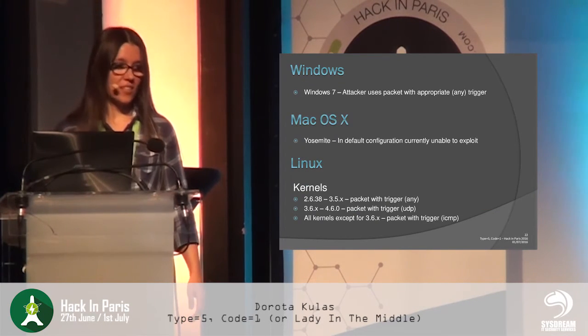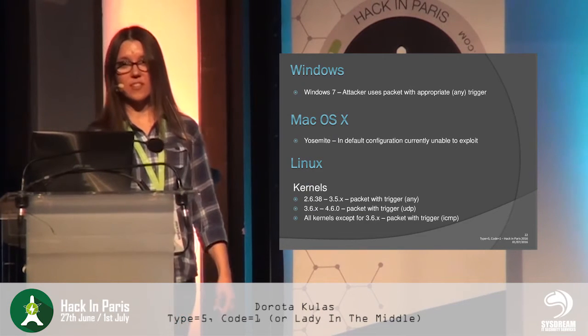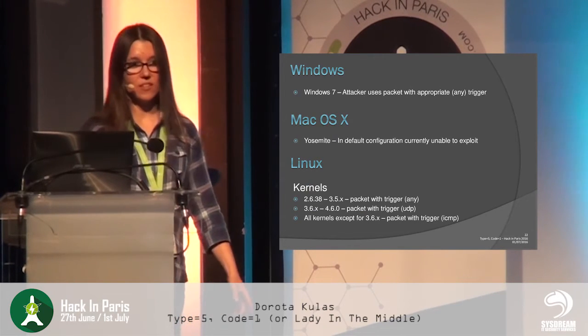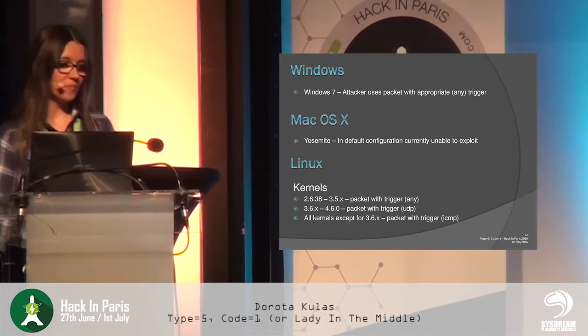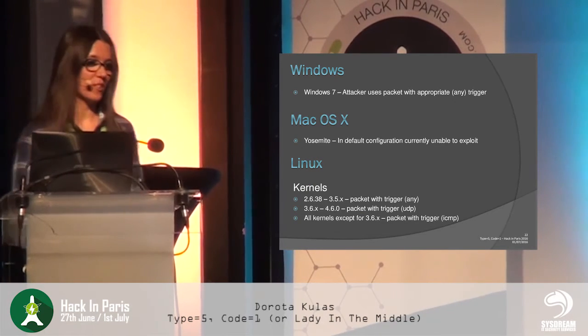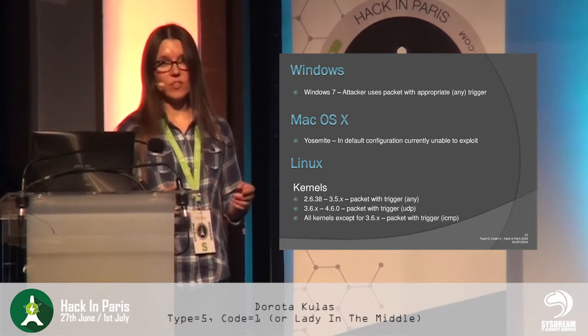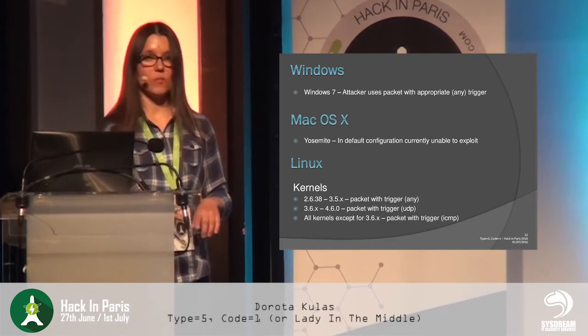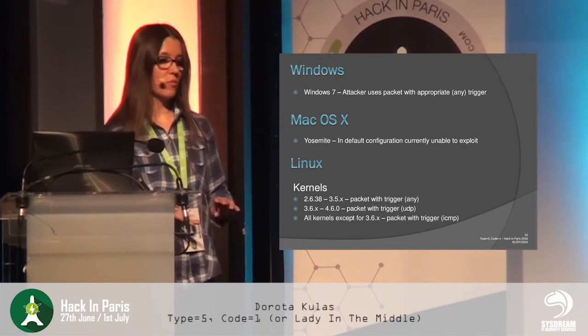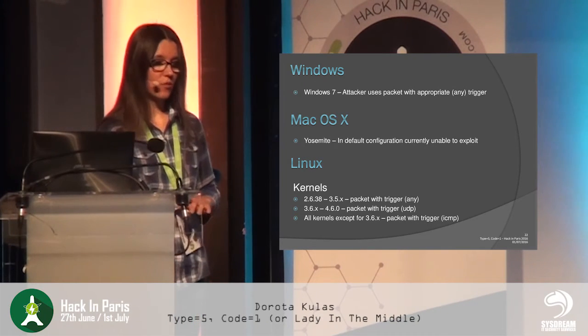And as for tests, I didn't test this on Windows 10 or 8, just Windows 7. You can test it, I will give you the tool. You can use just any trigger. It can be based on TCP, UDP, ICMP, and the attack will just work. On macOS, I couldn't make it work.